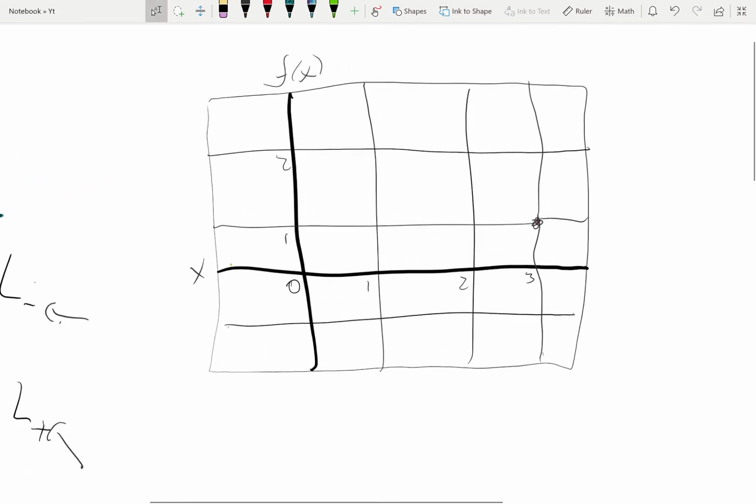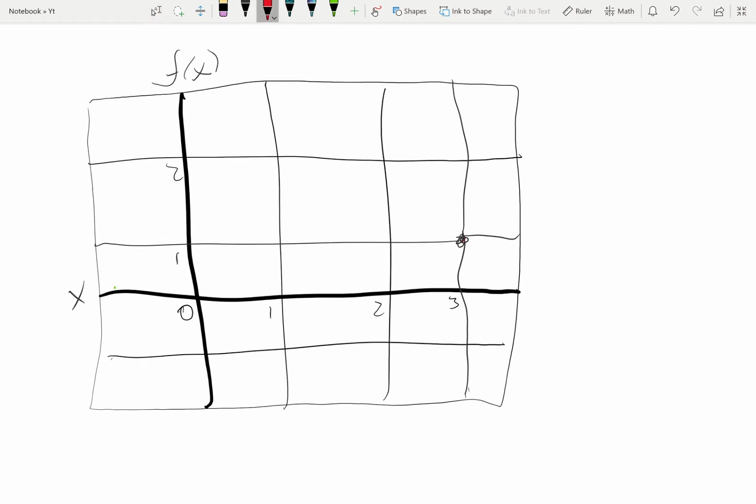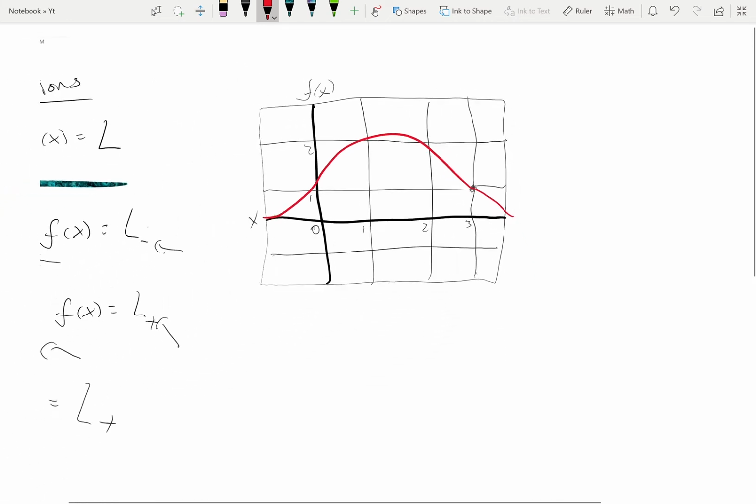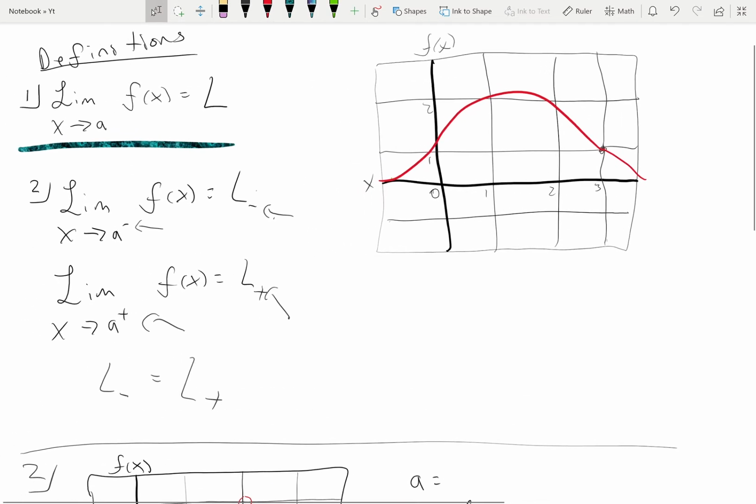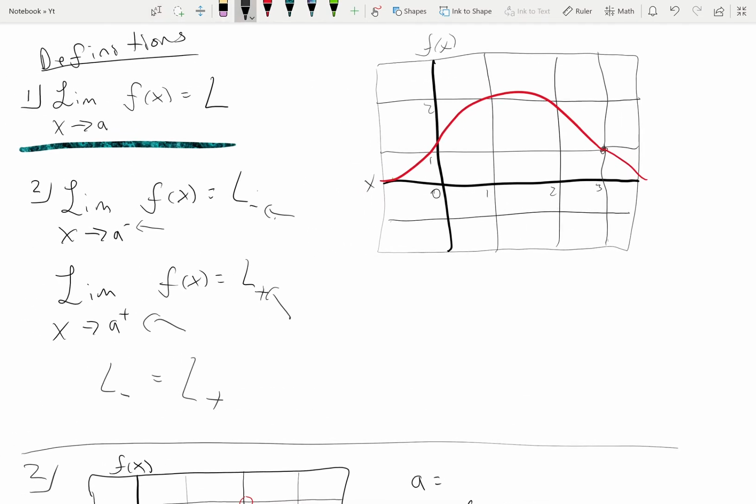So I'm going to give you a basic example here. I drew a basic graph, and I'm going to draw an f of x plot. Using the first definition, you see that for the limit of f of x, we're going to set a equal to 3.